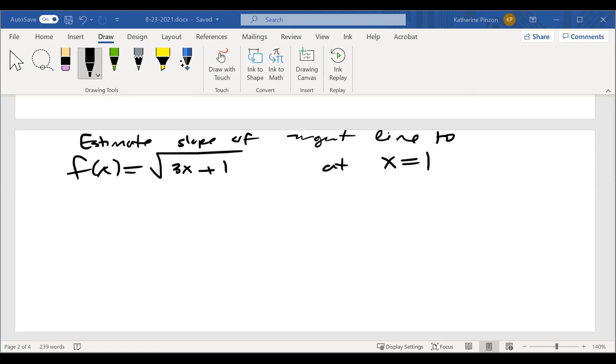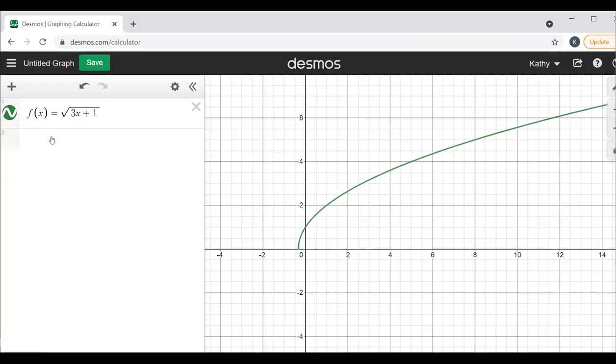So this is a graph of the function square root 3x plus 1, and I'm trying to see what's happening near 1. Let me make it flatter.